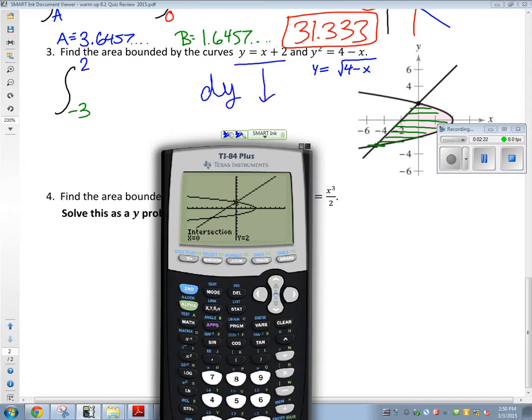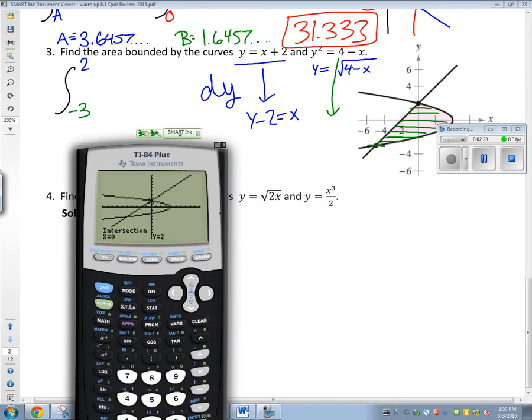So for this one, to get x by itself, it's going to be y minus 2 equals x. And for this one, it's going to be y squared equals 4 minus x. So to get x by itself, I'm going to subtract 4. And then I'm going to have to get rid of the negative. I'm going to have to change my signs. So when I set up my integral, I want the right equation.